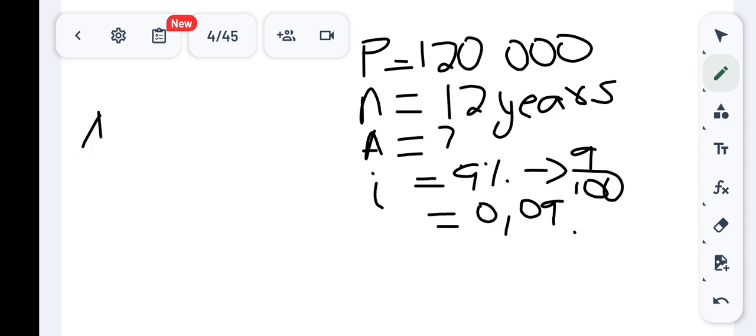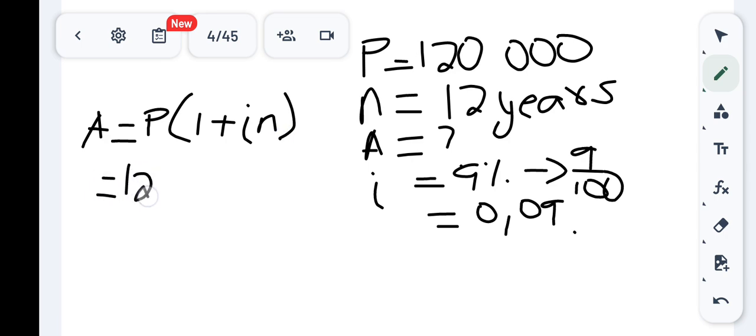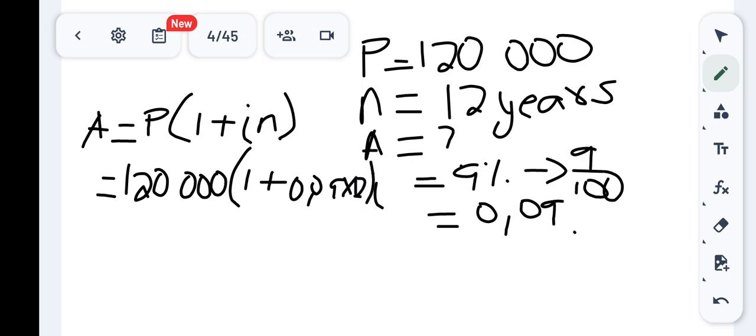Then we need to calculate the value of A. So it's simple interest, and we're going to write the formula down. A is equal to P times (1 plus i multiplied by n). In this case P is 120,000 times (1 plus the interest rate). You put it as a decimal, not a percentage. So this is 0.09, multiplied by 12.